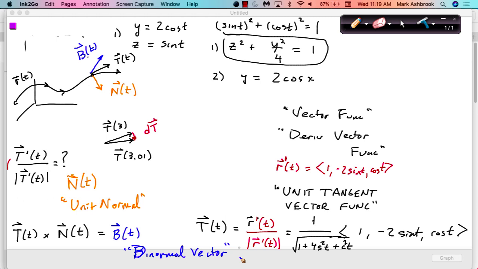As t increases, that coordinate system moves along with the curve, so that t is always pointing in the direction of the curve, n is always pointing in the direction of turning, and b is orthogonal to that plane.